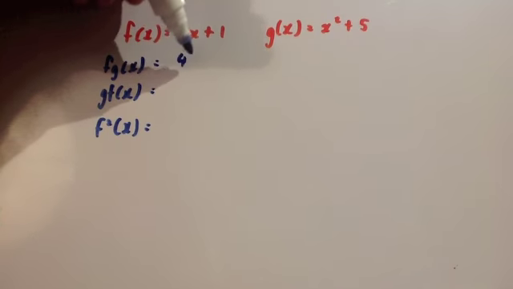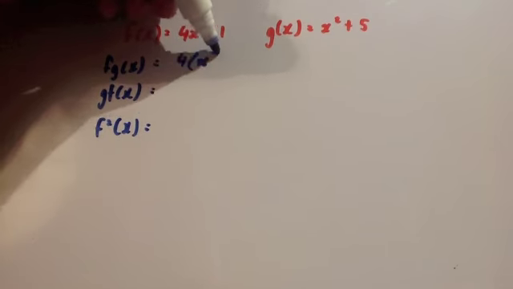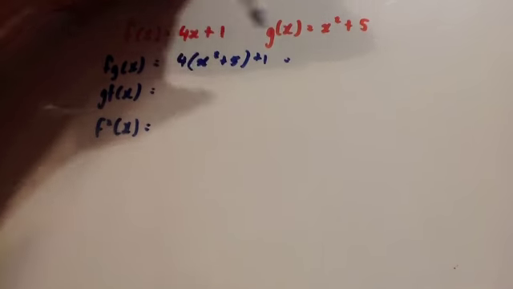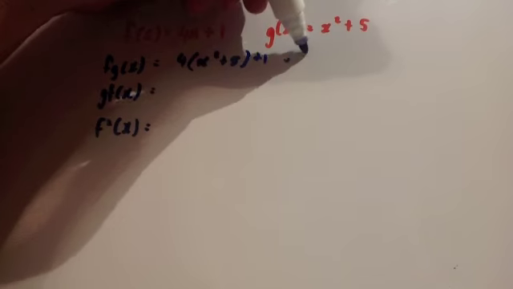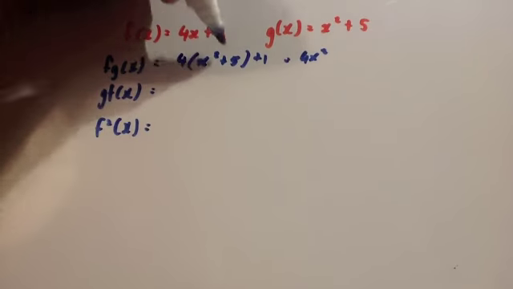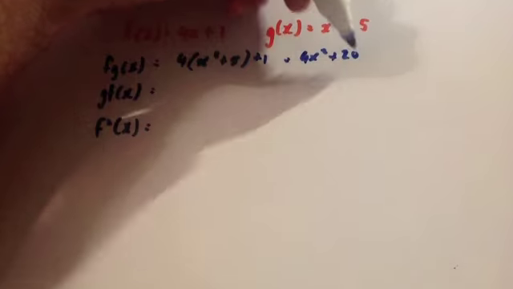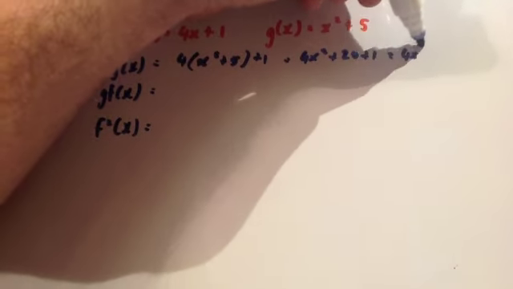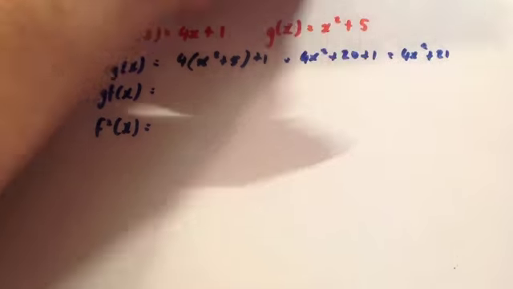So you're going to get 4 bracket x squared plus 5, close brackets, plus 1. So whenever you expand this, you're going to get 4 times x squared, which is 4x squared, plus 20, and then you've got your plus 1. So your answer would be 4x squared plus 21.